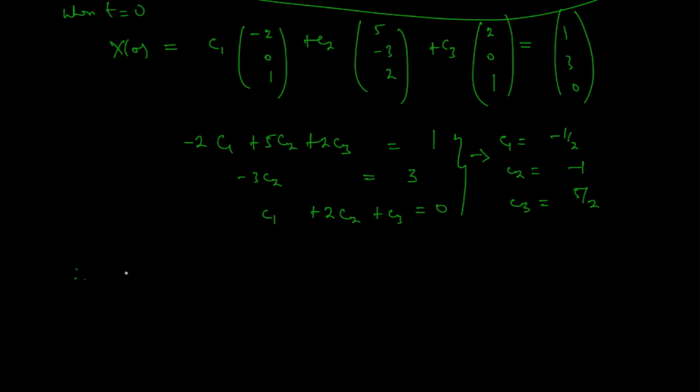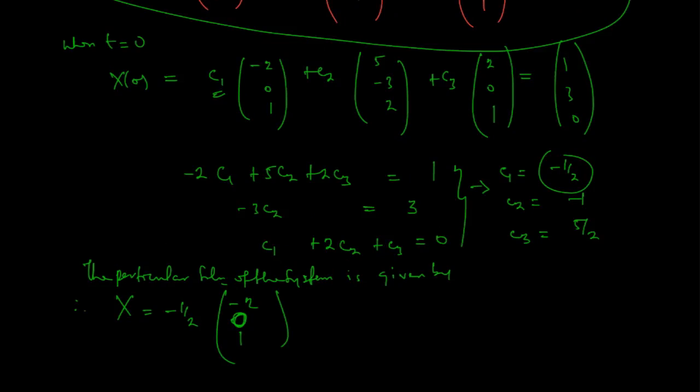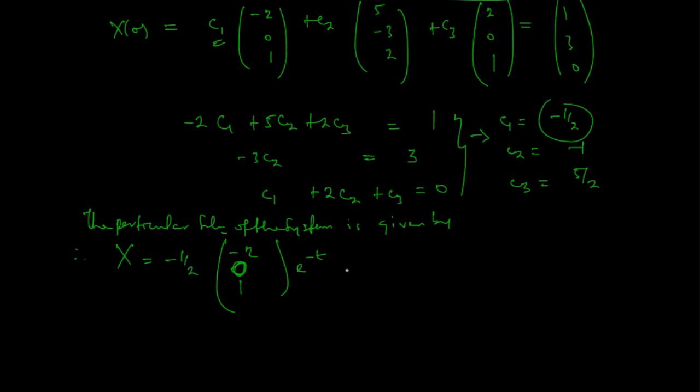Therefore, the particular solution of the system is given by x equals negative half into negative 2, 0, 1, e to the power negative t, then minus 1 into 5, negative 3, 2, e to the power 2t, plus 5 over 2 into 2, 0, 1, e to the power 3t.